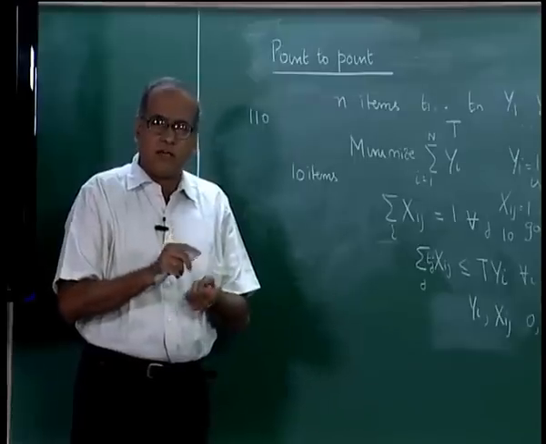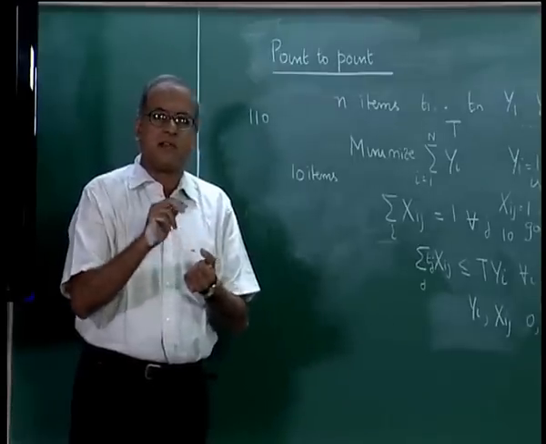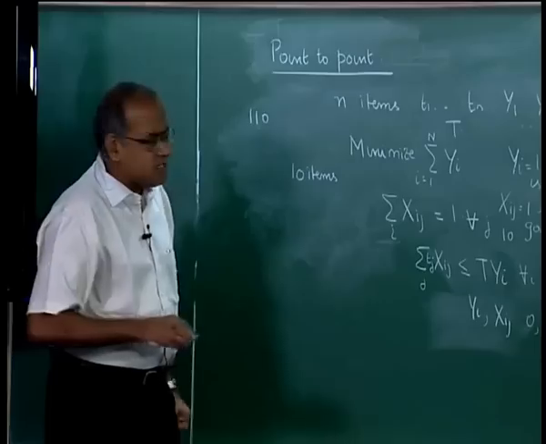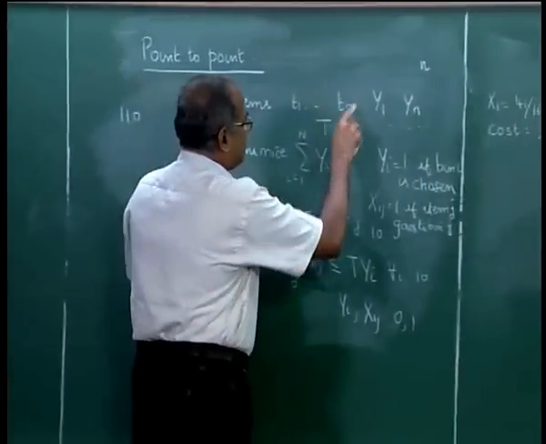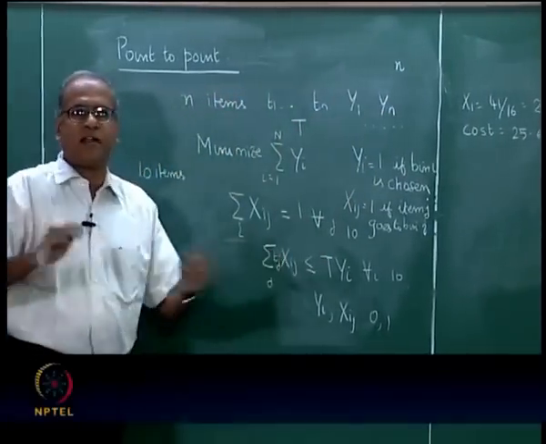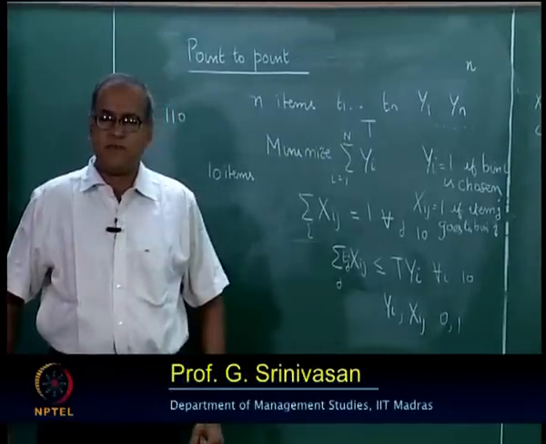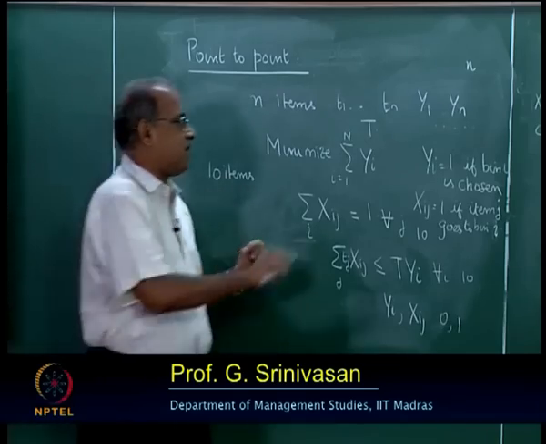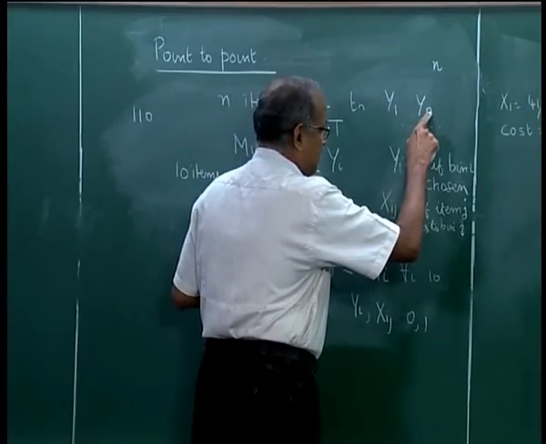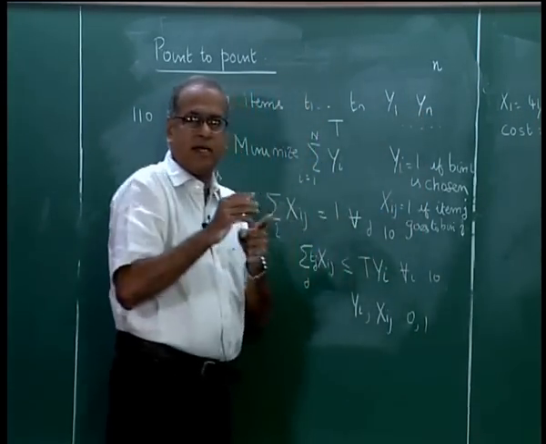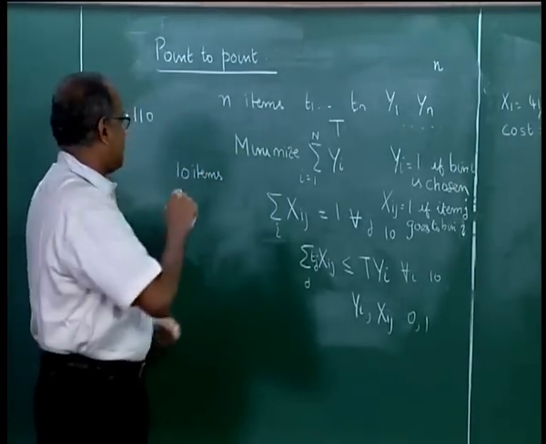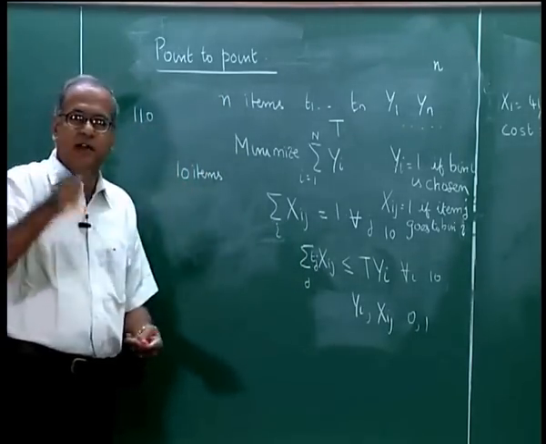Alternately, we could think in terms of some other heuristic or thumb rule based algorithms, which would say that we may be able to pack this, instead of a maximum of 10, in say 4 or 5 bins. Then if we restrict the number of bins from 1 to 10, we can bring it down to 1 to 5, then the number of variables and constraints will reduce.